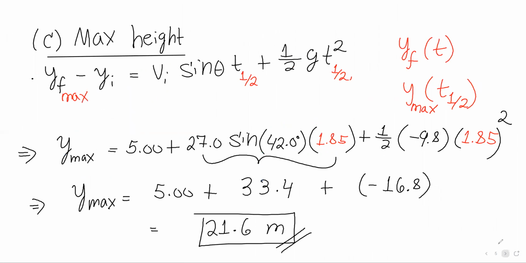And notice how we had this initial height on the left side, and we end up adding it to the right-hand side. So again, if your initial height was 0, the sum of these two numbers should give that red height in our parabola. That's 33.4 minus 16.8.